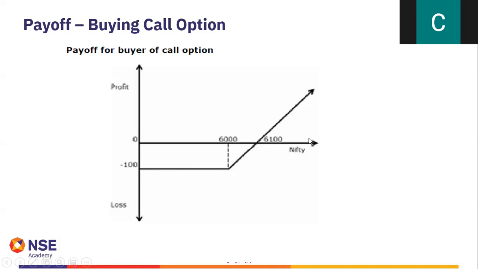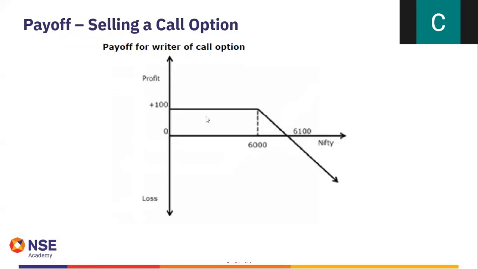Unlike futures where the payoff is linear, that is unlimited profit, unlimited loss, in options the payoff is not linear. Your loss is limited, profit is unlimited. So this is for the buyer of a call option.